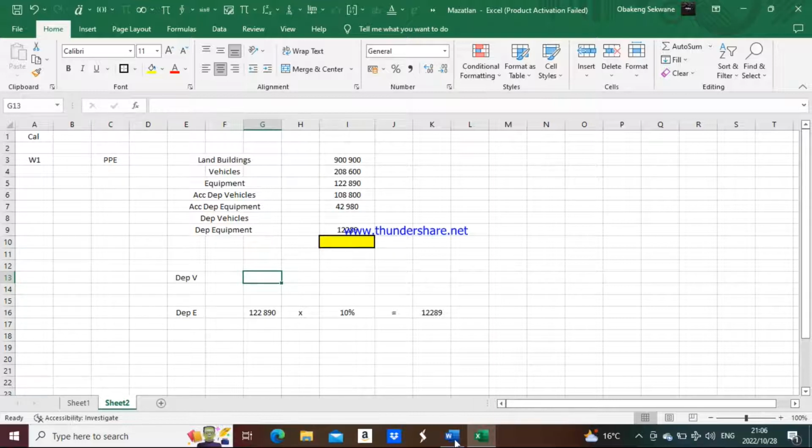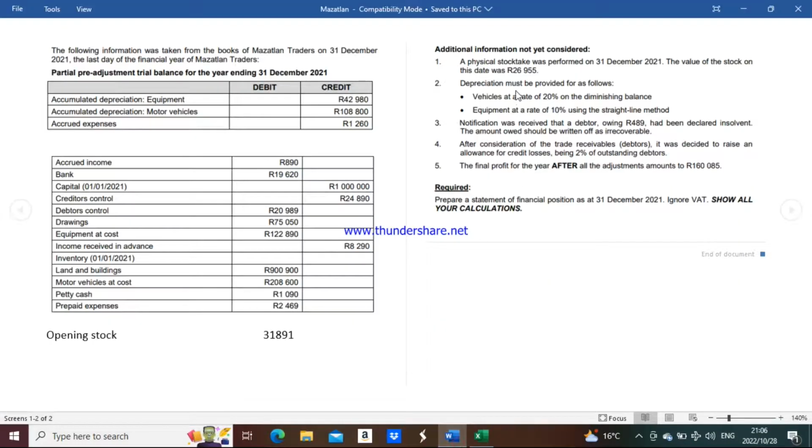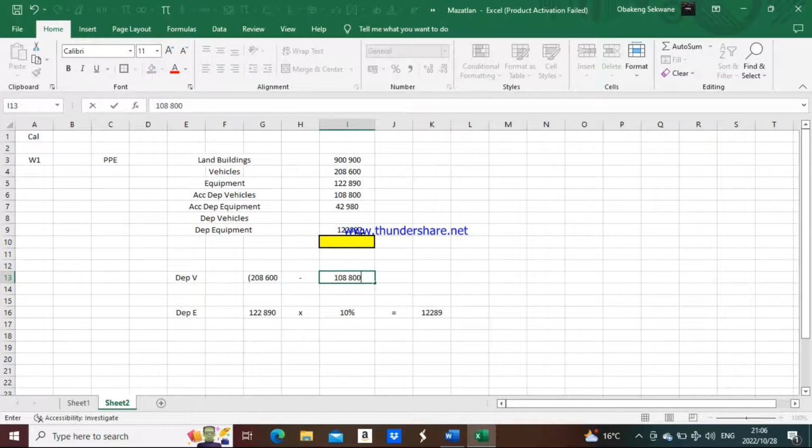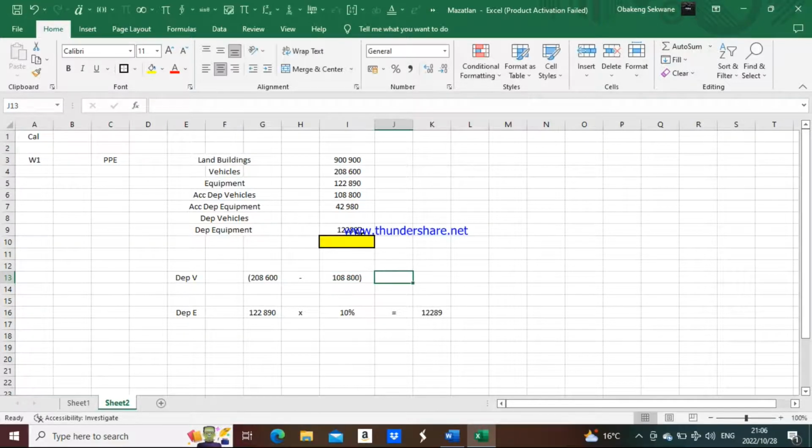So depreciation on vehicles is as follows. Vehicles is at a rate of 20% on diminishing balance. So on diminishing balance, we're going to take our cost price, which is 208,600, minus our accumulated depreciation, which is 108,800. Close the bracket.